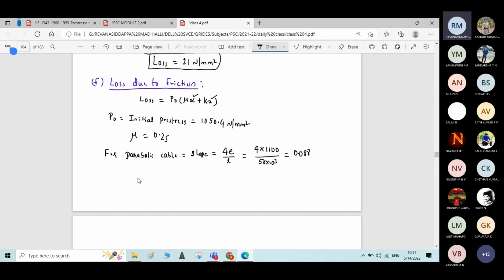Then coming to the calculation of alpha. As the cable is pulled from both ends, alpha is calculated as slope divided by 2.